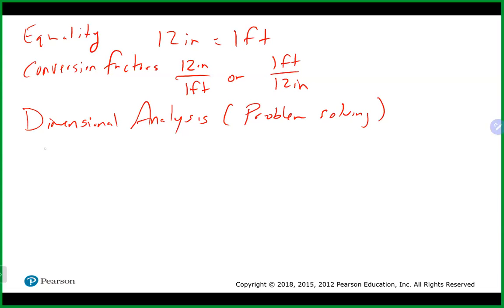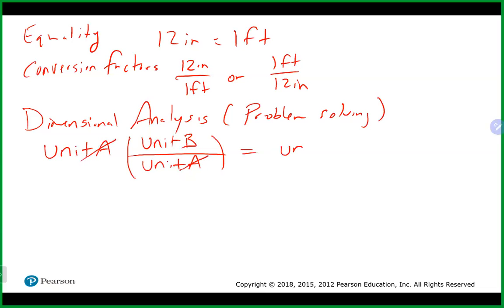The general idea is, if you have a specific unit that you do not want, you put that same unit in the opposite location, and you put the unit that you do want a lot of times up on top. These will cancel each other out, and that will leave you with the unit that you're looking for. Mathematically, we're multiplying whatever's on top and dividing by whatever's on the bottom.